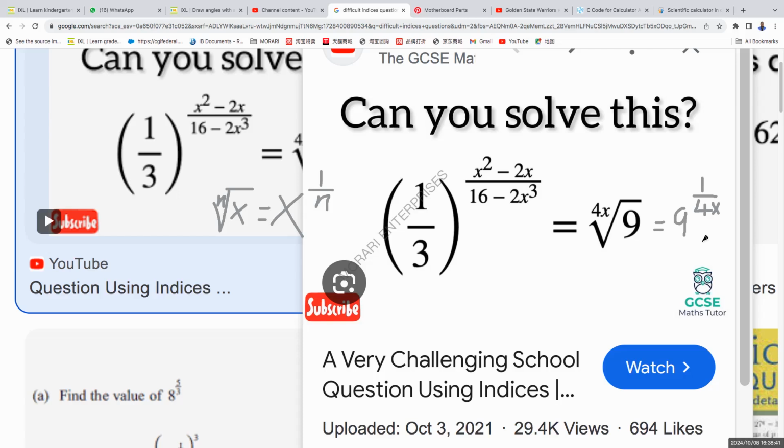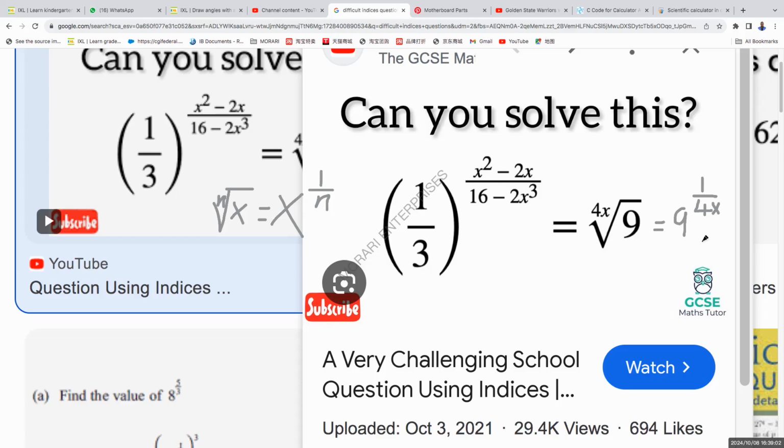If you take the square root of both sides, it will multiply by half. But if we square both sides, then we'll be having the square again. So this question is a very challenging question.